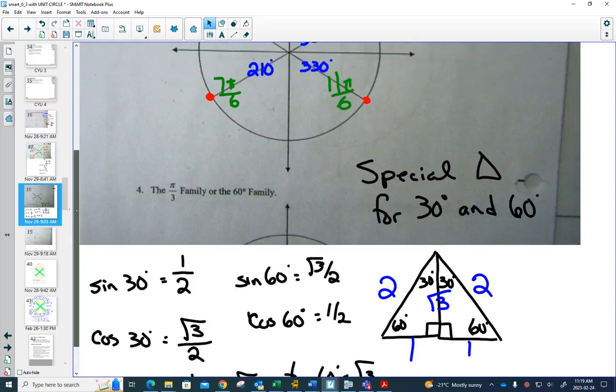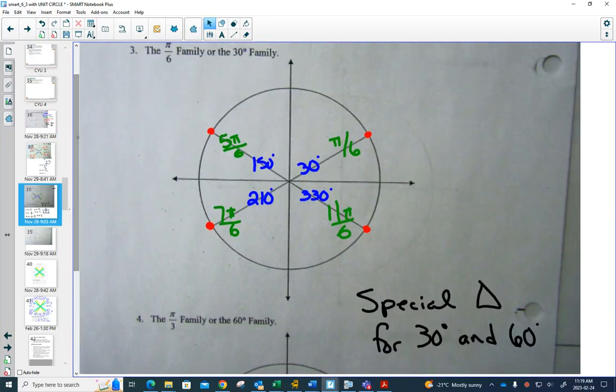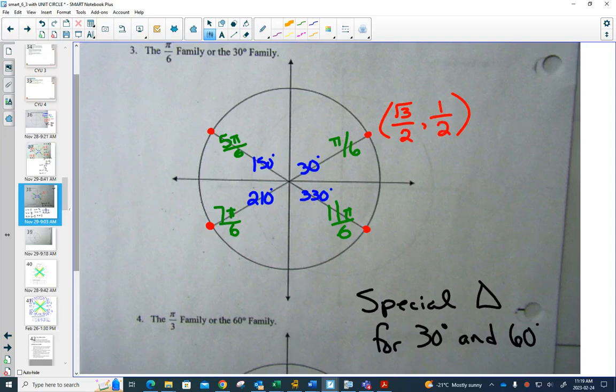which then allows us to go up to here and say, I now know the coordinates. Cos of 30 degrees from my special triangle was √3/2. Sine of 30 degrees for my special triangle was 1/2. And if I have the coordinates in quadrant 1, I have the coordinates in all the quadrants.